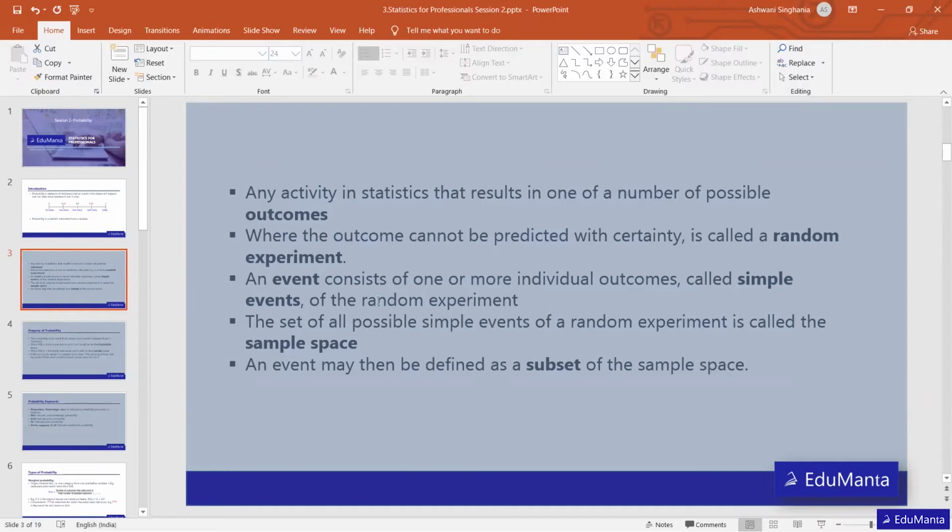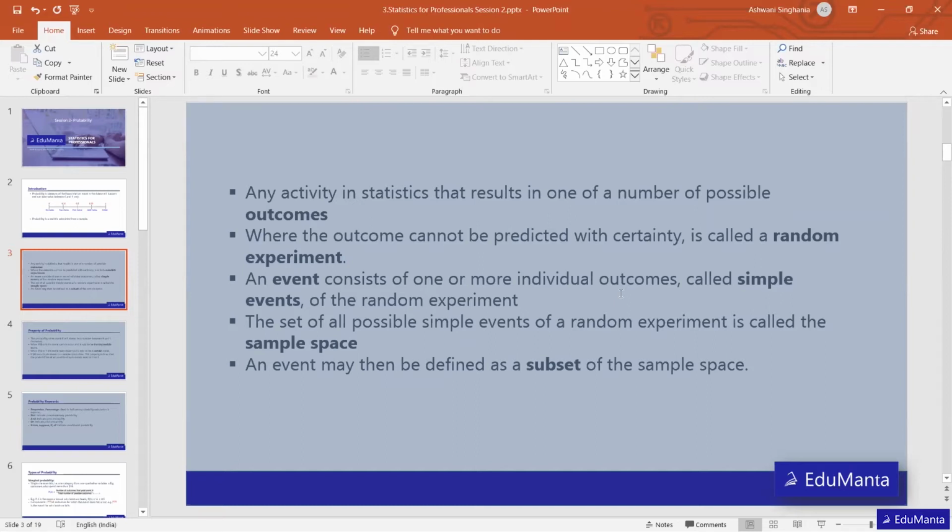When we throw the dice and the outcome is uncertain, we don't know which will come on top, that is called a random experiment. Any action for which you cannot say what outcome will come is a random experiment. An event is something which actually turns up. For example, if I roll a dice and 5 comes up, this is called an event.